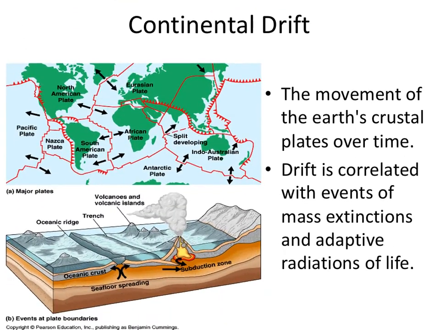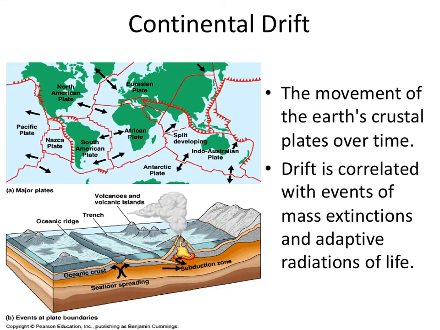You guys have heard of continental drift. Continental drift is the idea that planet Earth is made of these giant tectonic plates, and these tectonic plates are shifting slowly over time. Due to these shifts, we see a lot of geologic changes, like we see formation of volcanoes and mountain ranges.